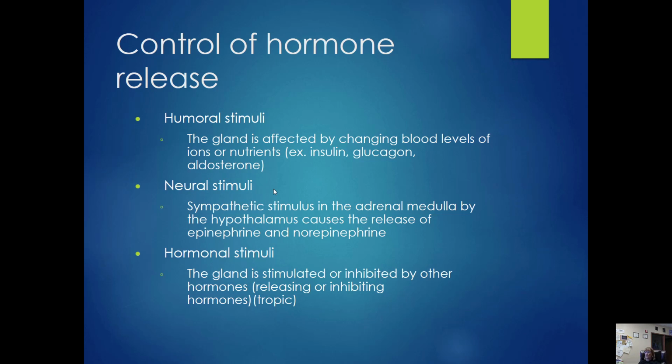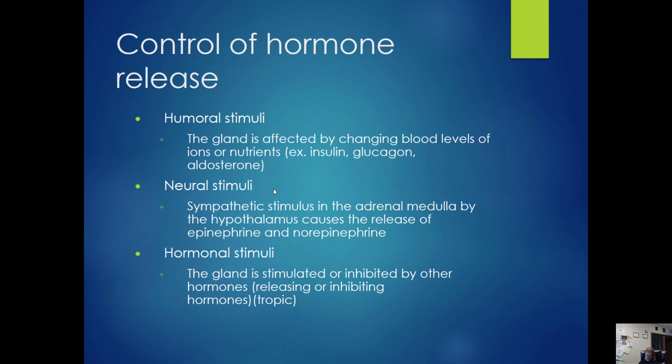Those are the presynaptic neurons, which come out of there and go to the adrenal medulla and release epinephrine and norepinephrine. Another neural stimulus, of course, is the release of oxytocin with uterine contractions, and a third neural stimulus is prolactin production due to the action of nursing a baby.